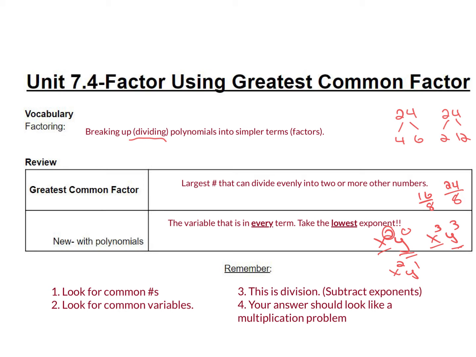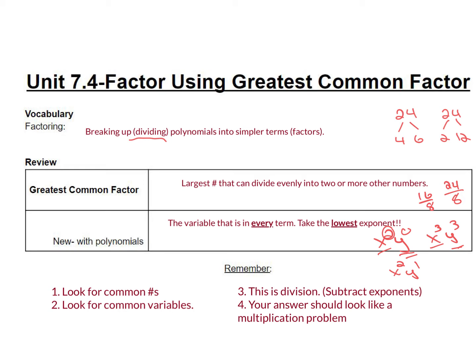All right, and just a couple things to remember. The first thing we're going to be looking for is the common numbers, so we're looking for the GCF of the numbers. Secondly, we're going to be looking for the GCF with your variables, which was that lower of the two. Third, we're going to start talking about division.